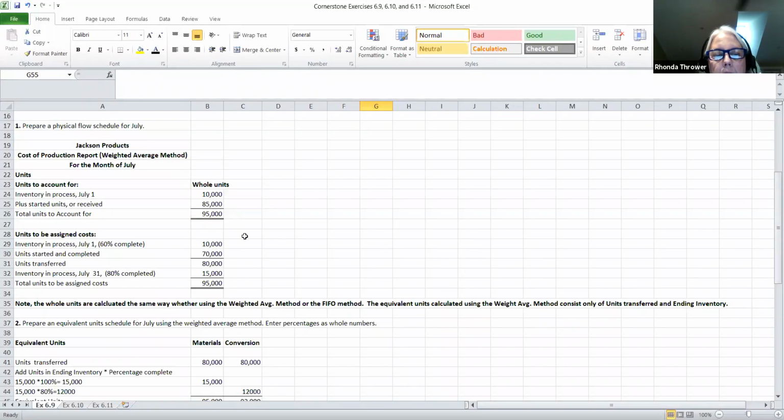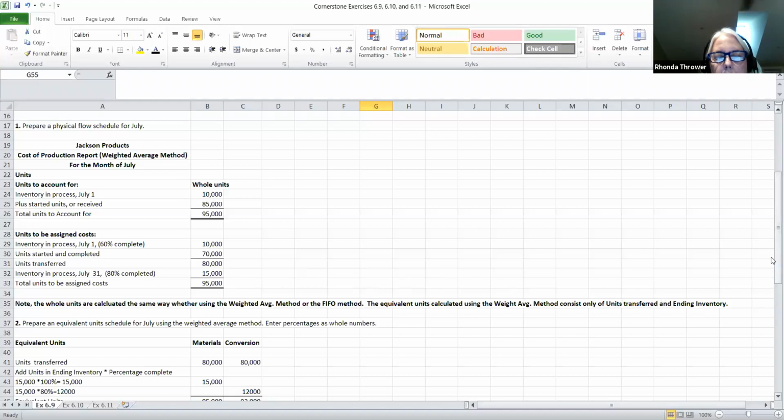What will be different between the weighted average method and the FIFO method is how you calculate equivalent units. And the equivalent units using the weighted average method, which we're emphasizing here today, consist only of our units that we transferred, which was 80,000 units that was given, and the ending inventory units, which was also given at 15,000.